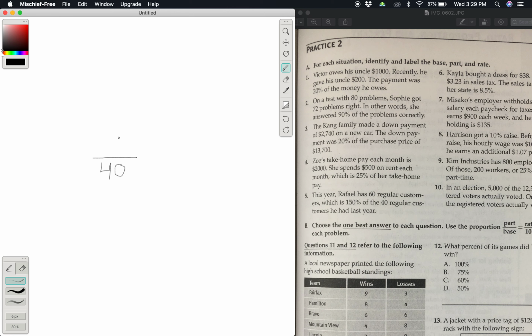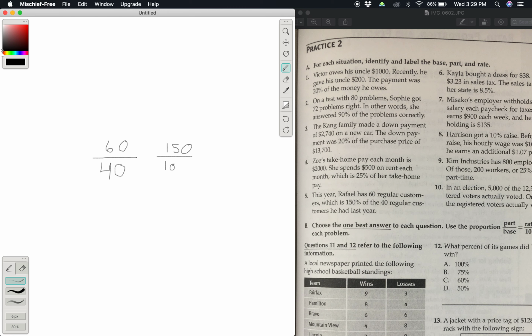Another indicator here, well, let me just put 60 up here. Another indicator is the 150%. So we know up here, the rate part can be higher or less than 100, but down here will always be 100.